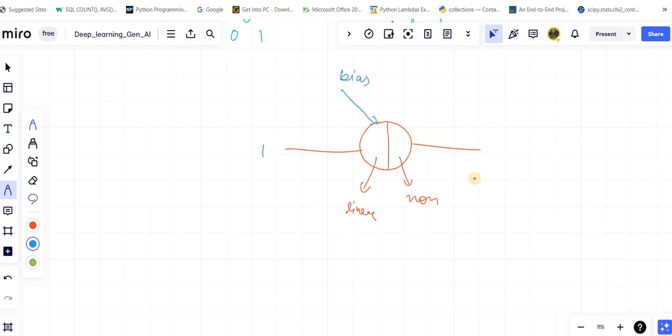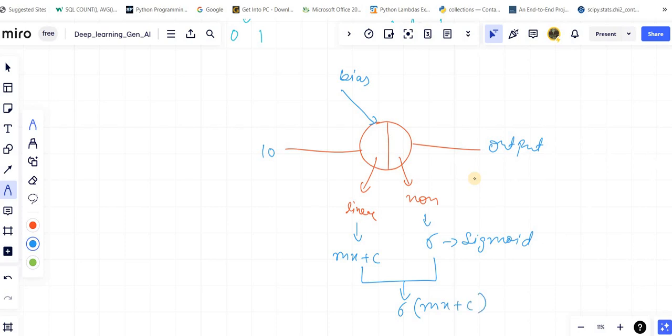Let's suppose the input is 10 here, and what would be the output? How will the output get calculated? The linear formula is mx plus c, and let's suppose the non-linear is a sigmoid. Can I write the combined two like this?